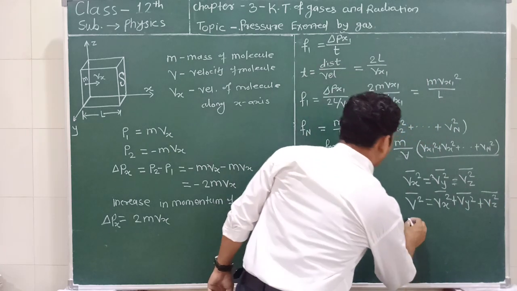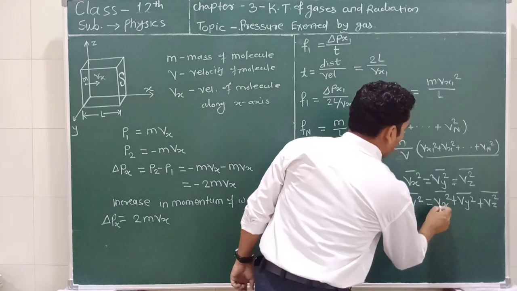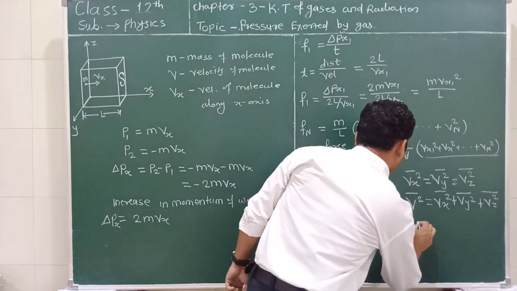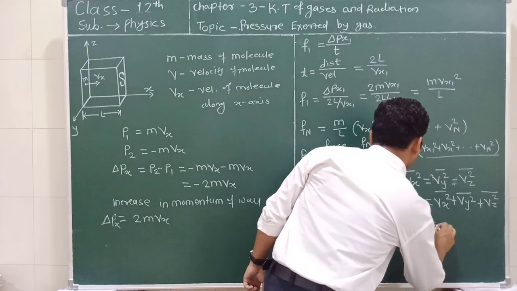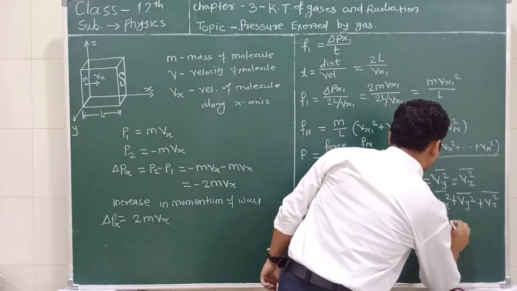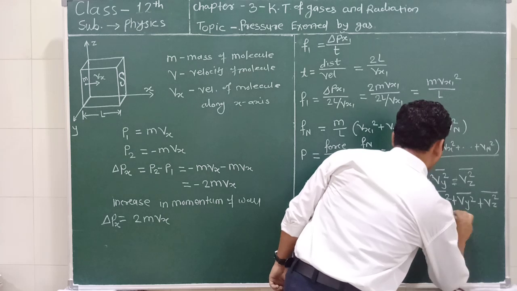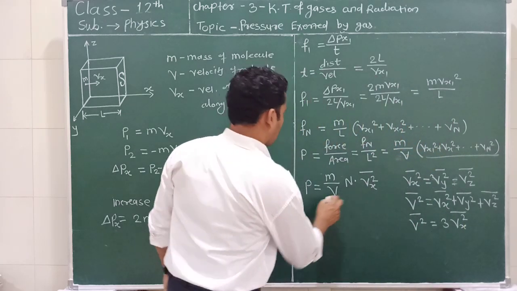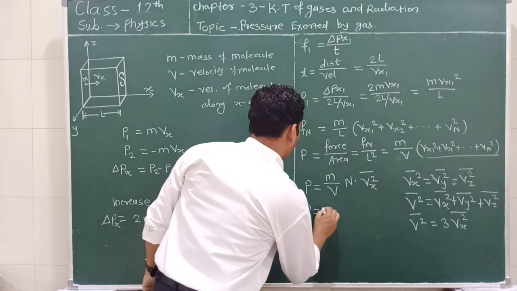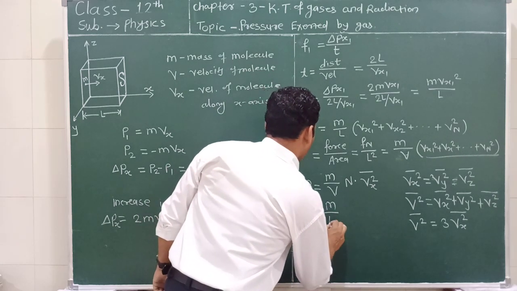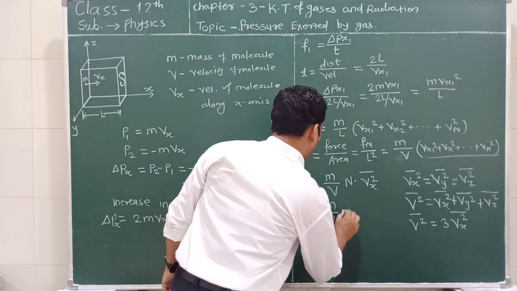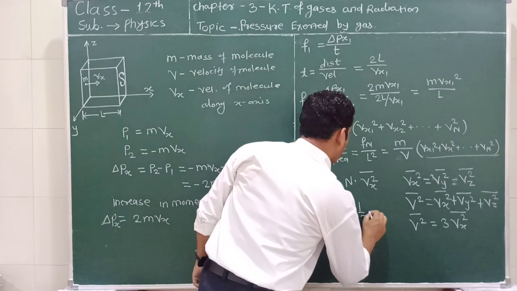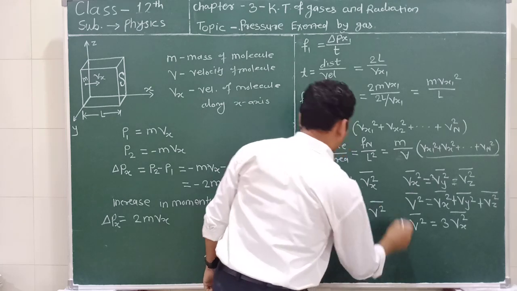If we put the value of Vy square and Vz square equal to Vx square, we can write V square bar is equal to 3 Vx square bar. Therefore, P is equal to m by V into n into 1 by 3 V square bar.